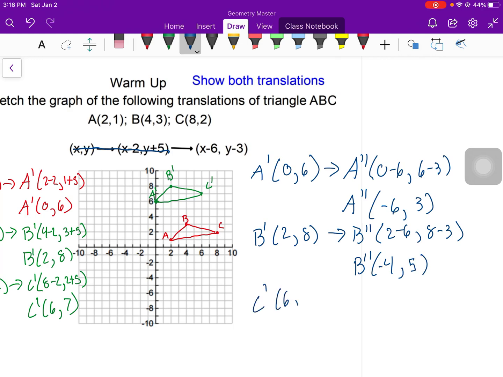And then C prime was 6, 7. It's going to C double prime, 6 minus 6, 7 minus 3, which is 0, 4. So in blue, I have negative 6, positive 3 for A double prime, negative 4, positive 5 for B double prime, and 0, 4 for C double prime.